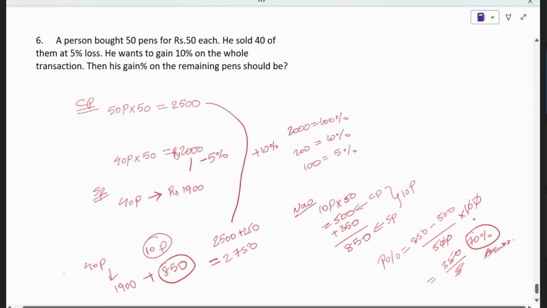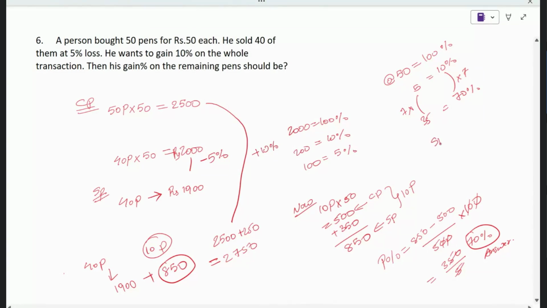Let's check whether after increasing 70% per pen, those 10 pens will give us 850 or not. Per pen, at the rate of 50 rupees, this is 100%, so 10% will be 5, and 70% means 35. So selling price will be 50 plus 35, which gives us 85, or no?